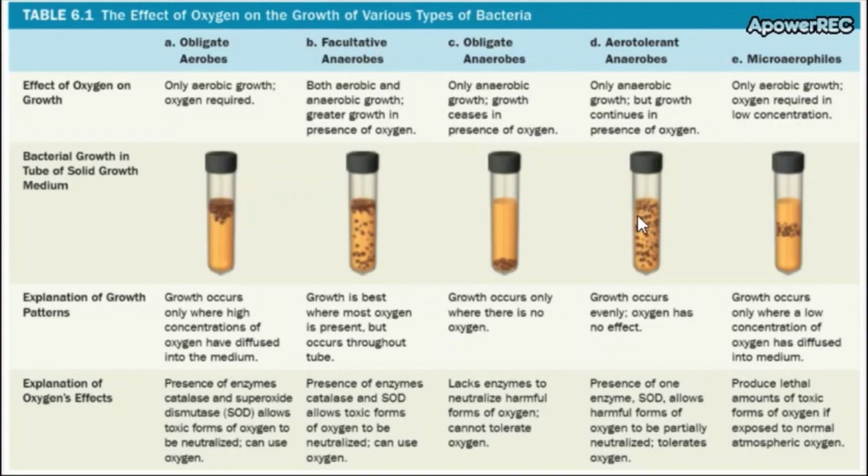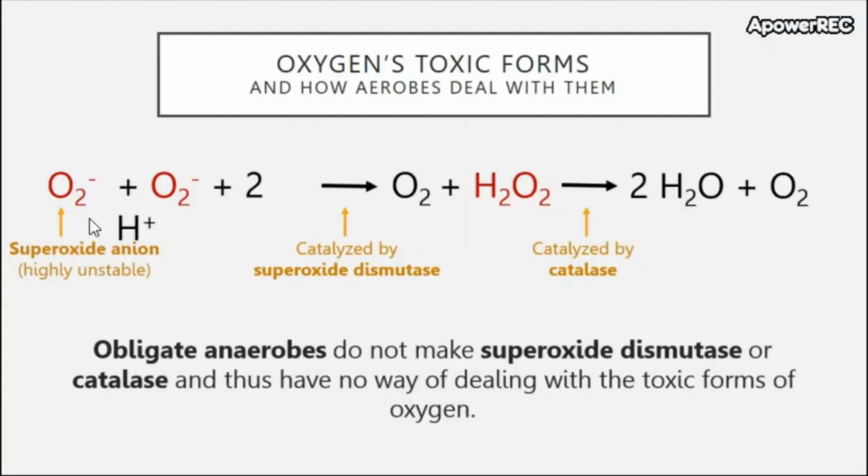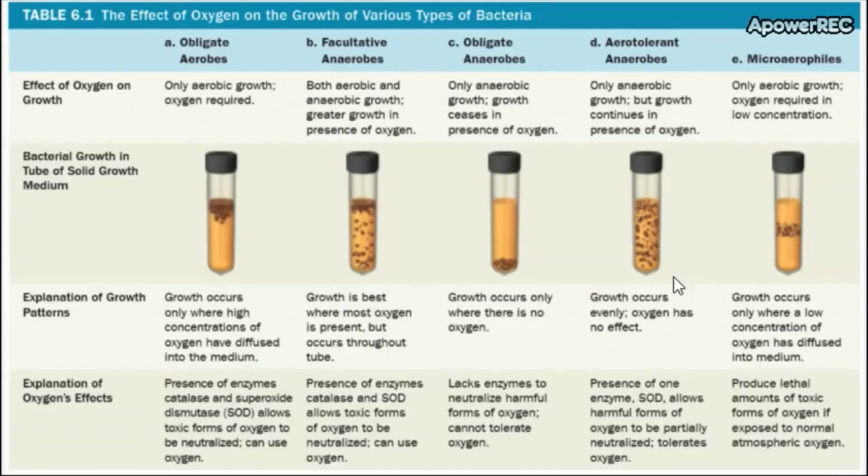So there you see them kind of evenly spread throughout the culture. They do have one enzyme, superoxide dismutase, so they can get rid of that horrible superoxide anion. But because they lack catalase, they can have a buildup of hydrogen peroxide.